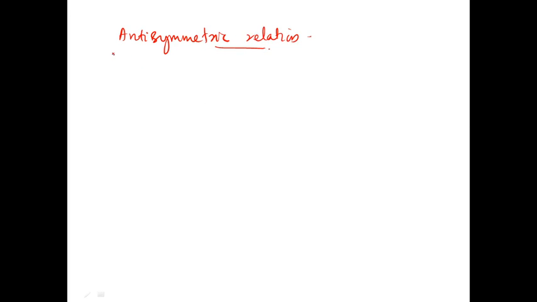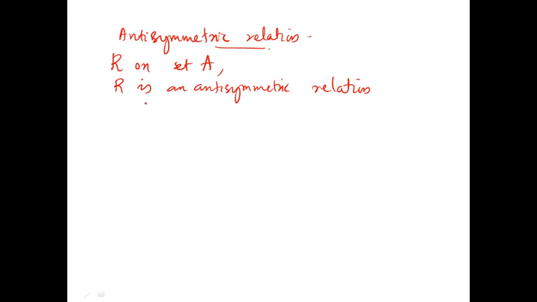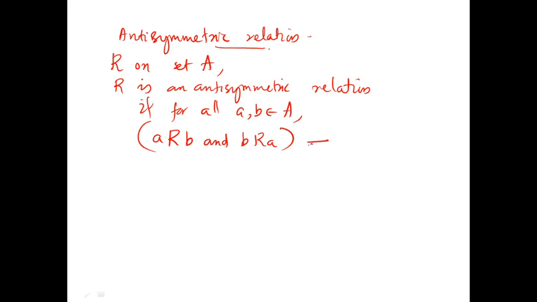Suppose a relation R is given on a set A. Okay. We can say that R is an anti-symmetric relation if for all a, b element of A, a related to b and b related to a together implies a equal to b.